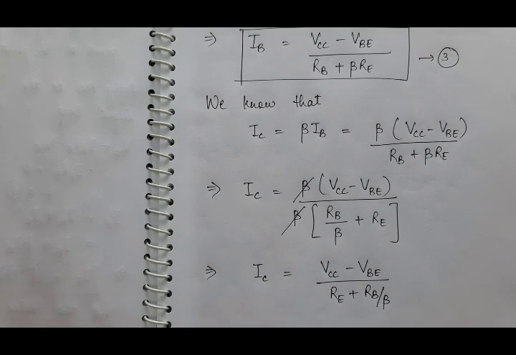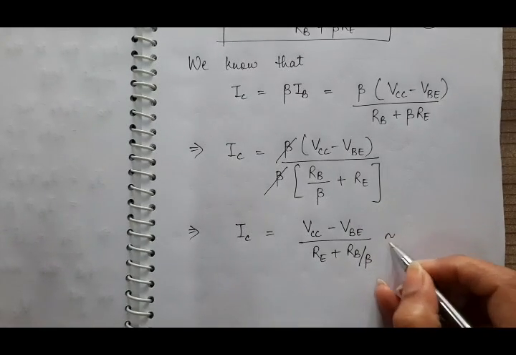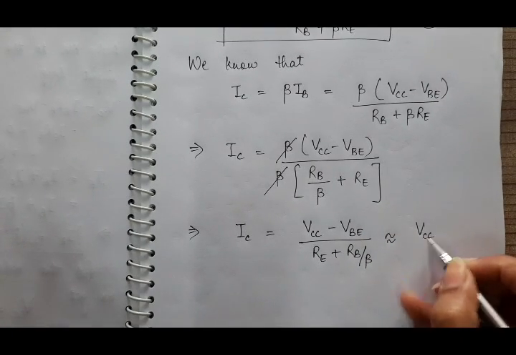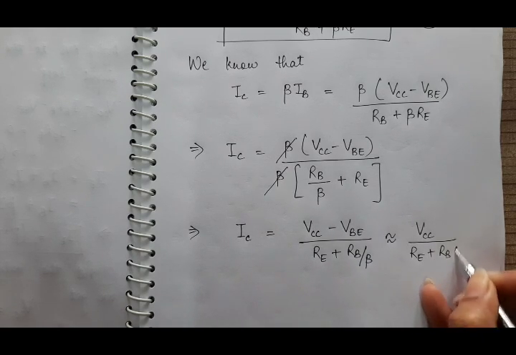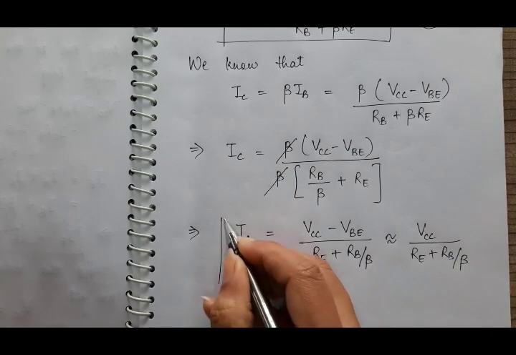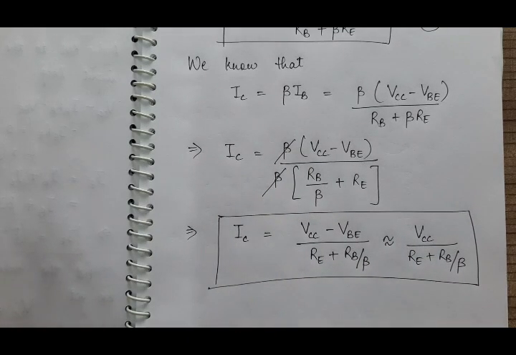But if it is not given whether the transistor is germanium or silicon, then you will ignore this VBE as compared to VCC because it is very small. So this is also approximately equal to VCC upon RE plus RB by beta. So this is one of the coordinates of operating point.